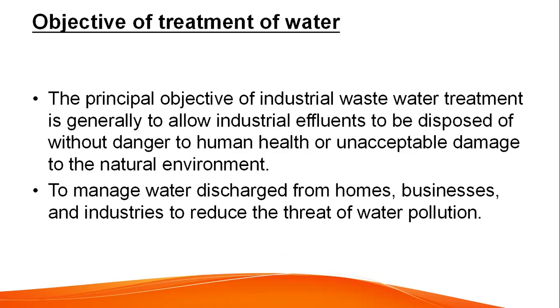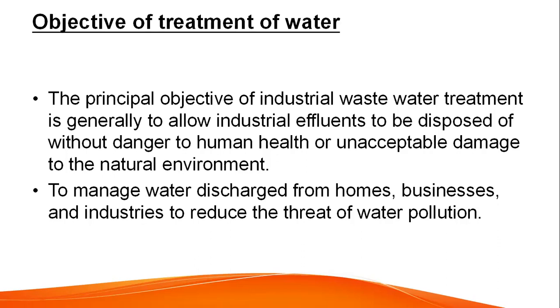It is generally to allow the industrial effluents to be disposed of without danger to human health or unacceptable damage to the natural environment, to manage water discharge from homes, sewage disposal is also a part of it, and industries, to reduce the threat of water pollution. So this was the main objective of the treatment of water.